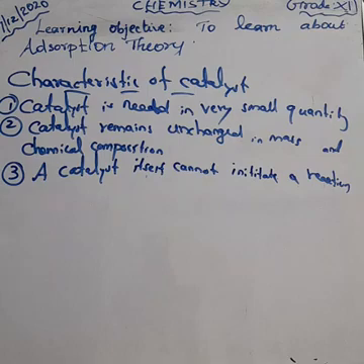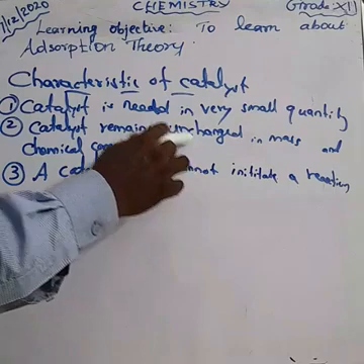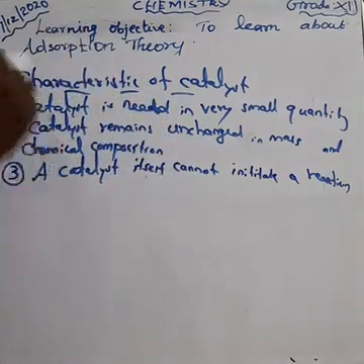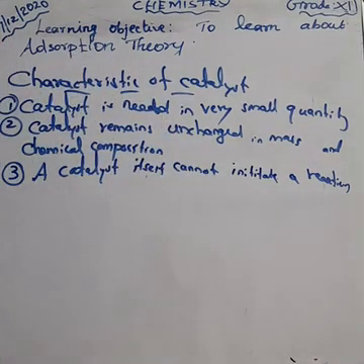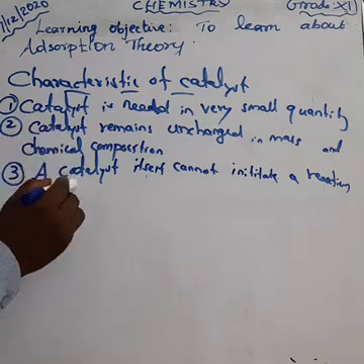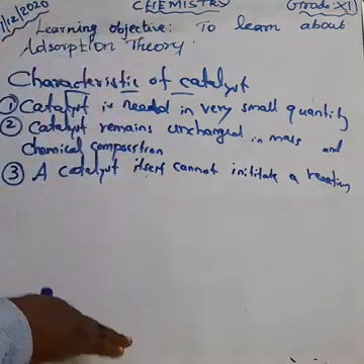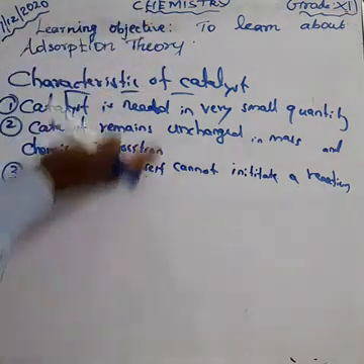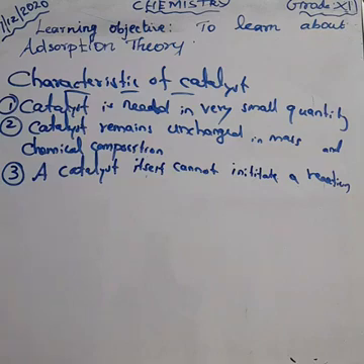Second point, the catalyst remains unchanged in mass and chemical composition in a chemical reaction. The third point, the catalyst itself cannot initiate a reaction. What's the meaning of this point? If the reaction is taking place at a slow rate, catalyst can increase the rate of the reaction.